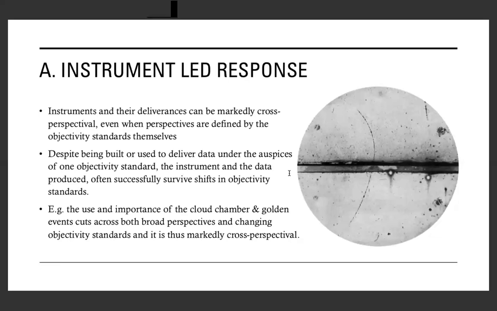What I want to show basically is that if you look at the history of the cloud chamber, you can track it through changing objectivity standards, through changing broad perspectives, yet its significance and the significance of particular deliverances like the positron picture has not changed despite all these other changes.